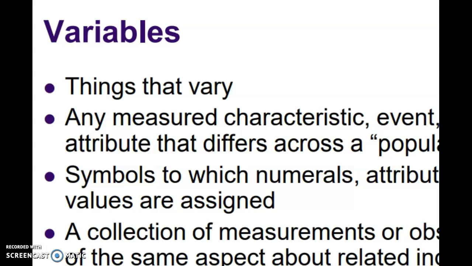We could also describe a variable as a measured characteristic, a measurable trait or characteristic, or an event or attribute that differs across a population. An example of a variable that comes to my mind is height and weight.